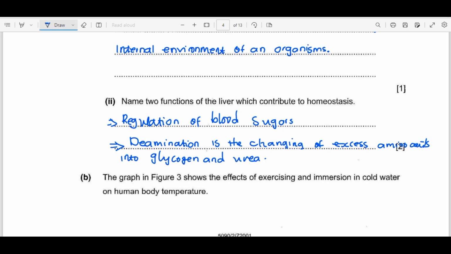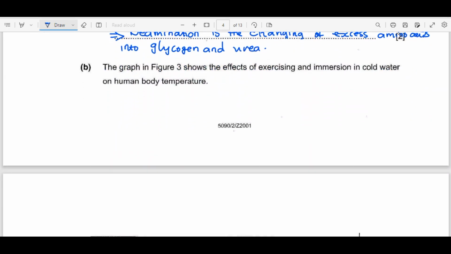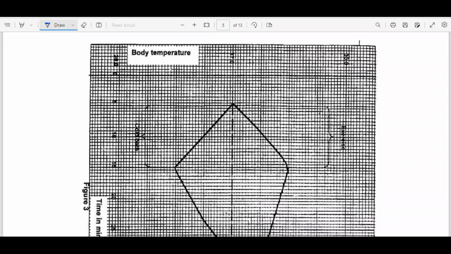Then we move on to question B. The graph in figure 3 shows the effects of exercising and immersion in cold water on human body temperature. For this graph, I recommend that you look for a paper that will help you to see a clear picture.